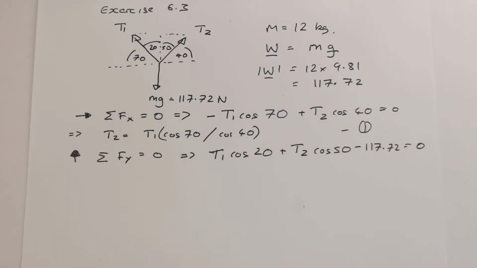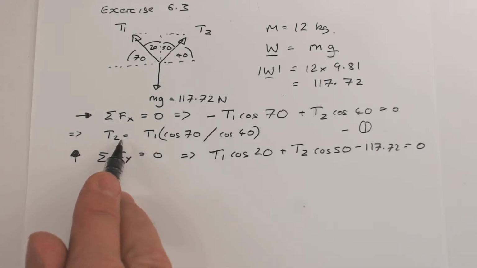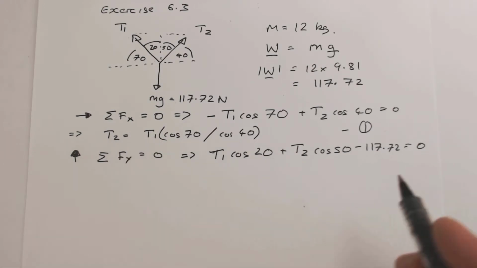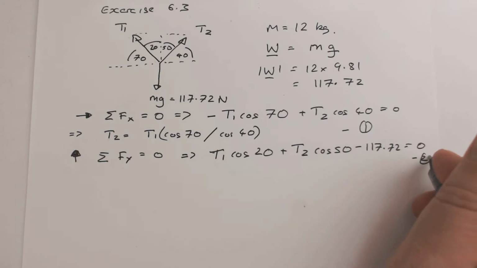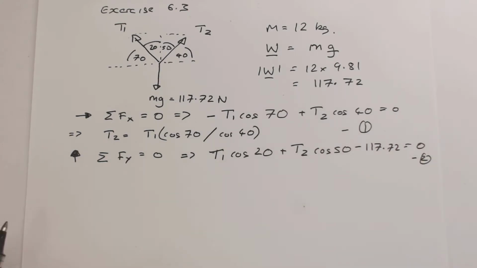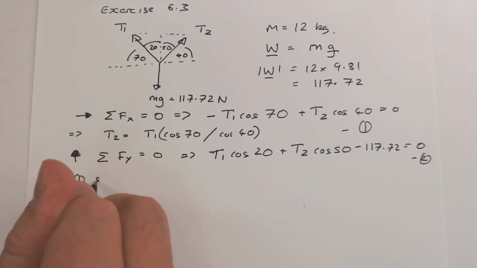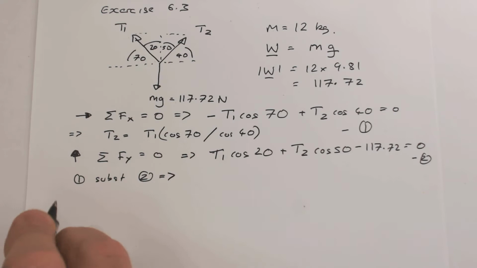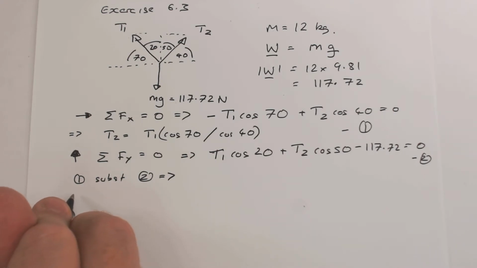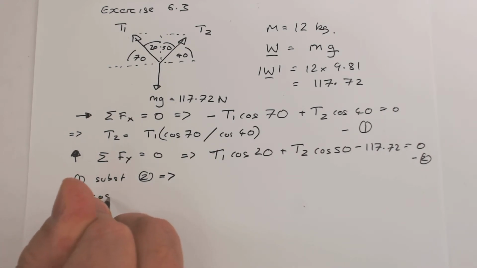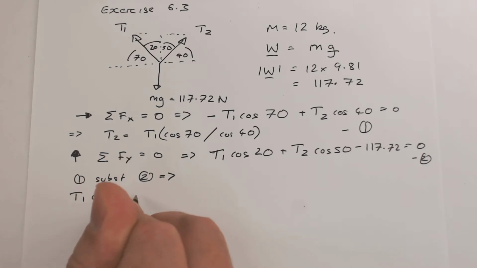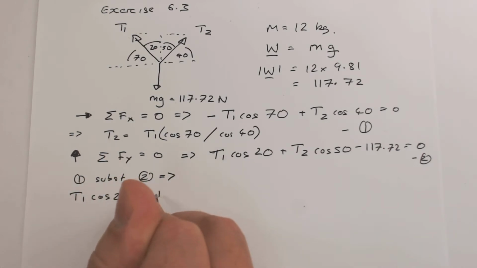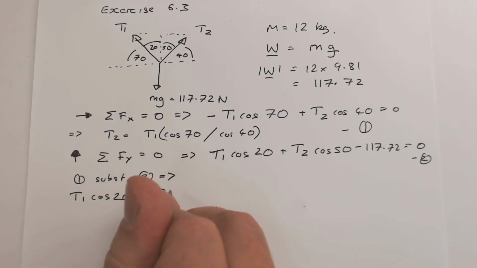Okay, so we're going to use equation 1 and substitute this into equation 2 and get rid of this T2 here. So when we do that, substituting 1 into 2, we have T1 cos 20 plus T1 times cos 70 times cos 50 divided by cos 40.